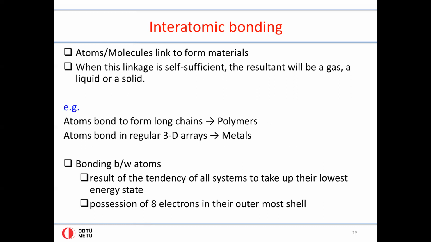So then, when atoms come together, depending on how they arrange themselves, you can have different shapes, different geometries. Notice that I was discussing topics that you've seen in chemistry, but suddenly this is something most of you are not so familiar with. When atoms bond and form a chain-like structure, this is what you have in polymers.